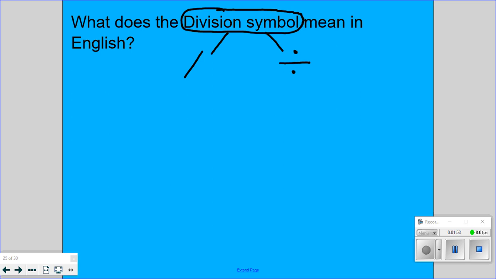Now, we know that these symbols mean things. We're not going to use words like divided by because what does that even mean? I don't know. Let's write down this equation.